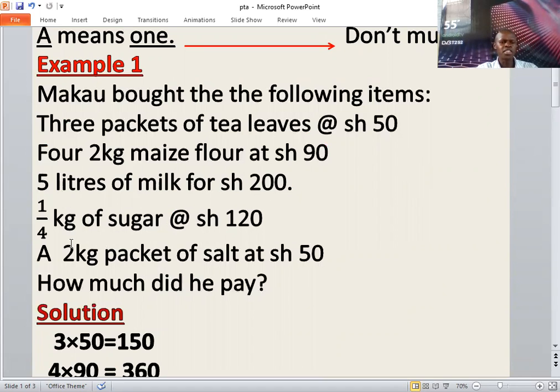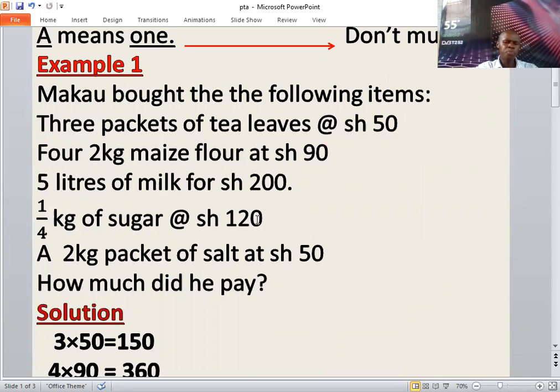Next item bought: a quarter kilogram of sugar at 120 shillings. Now, we have at here. We have to multiply. That means the price per 1 kilogram of sugar was 120 shillings.